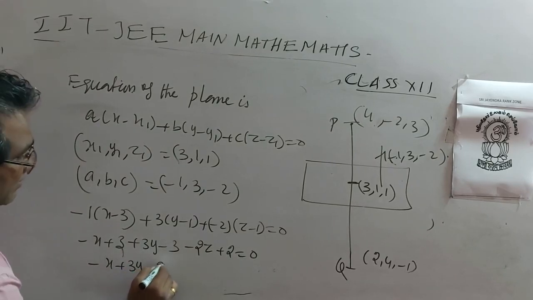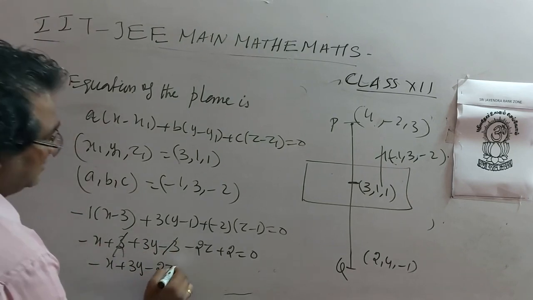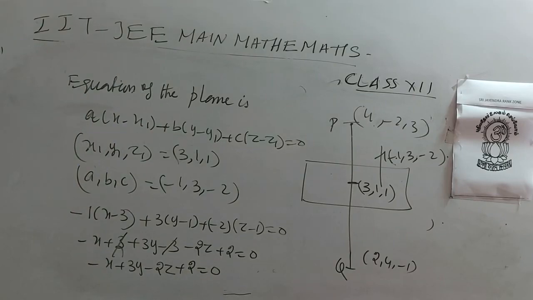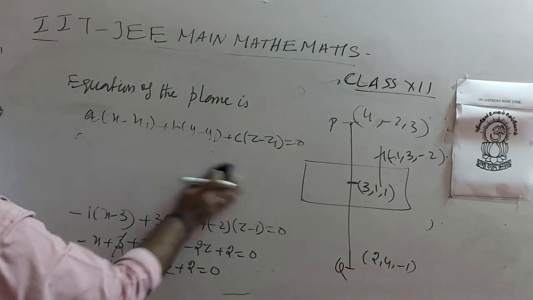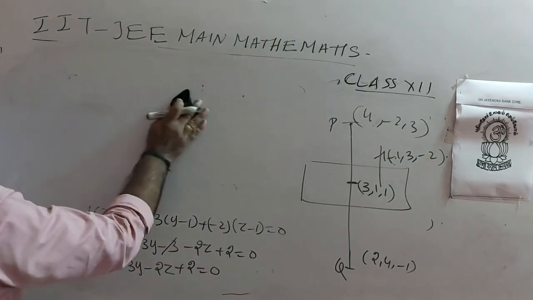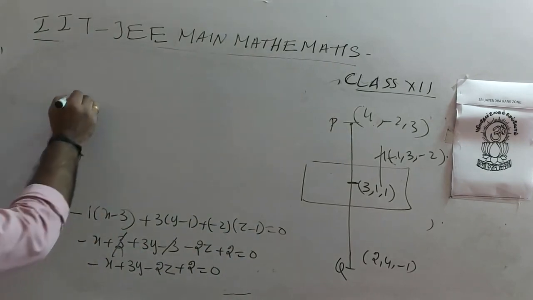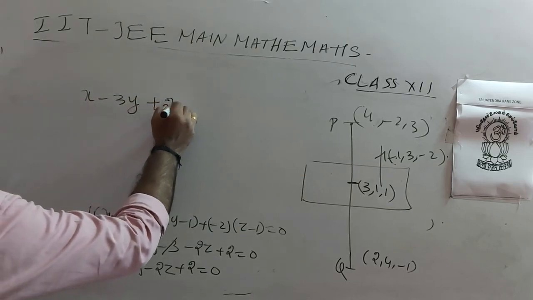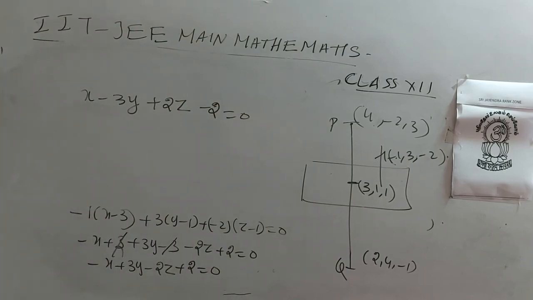Minus x plus 3y minus 2z, this will be cancelled, plus 2 equal to 0. So x minus 3y plus 2z minus 2 equals 0.